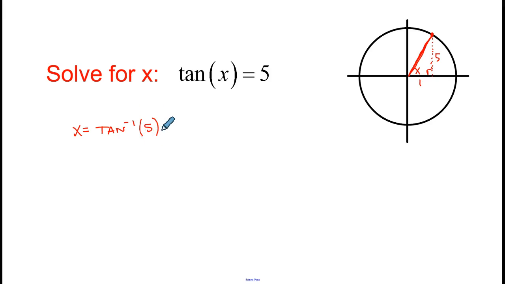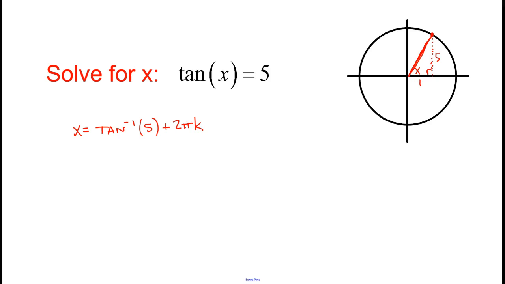And we have to consider full revolutions around the circle, so I want to write plus 2 pi k here. Now, folks, don't write that down just yet, because there's something here that we're going to modify in just a second.